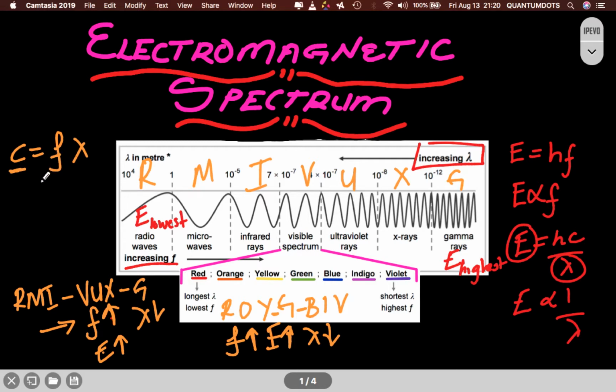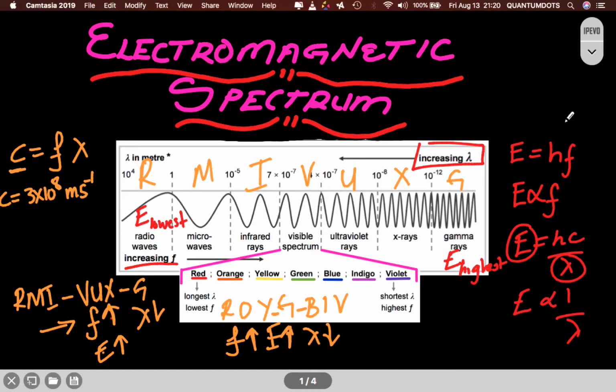As you can see here, the speed of light in a vacuum will be equal to the product of the frequency and the wavelength. And this is a constant which is equal to 3 times 10 to the power of 8 meters per second. So that will be the speed of light in a vacuum.